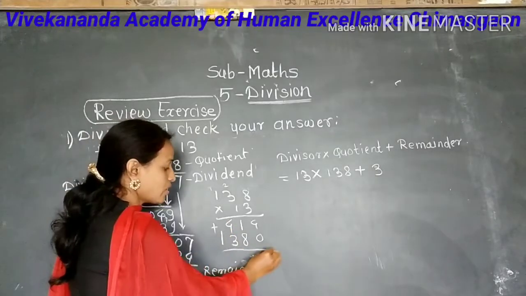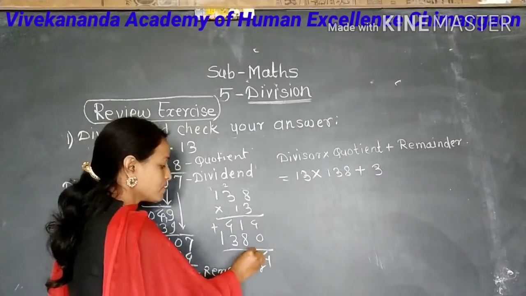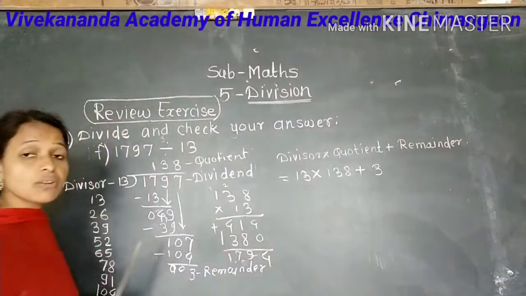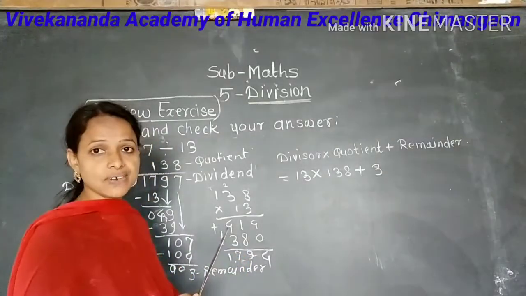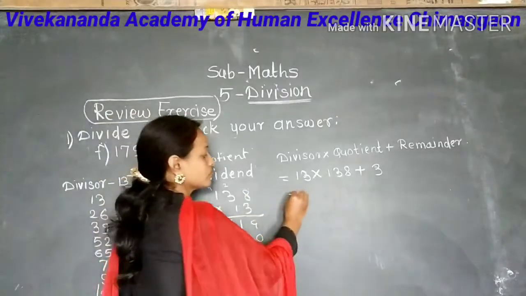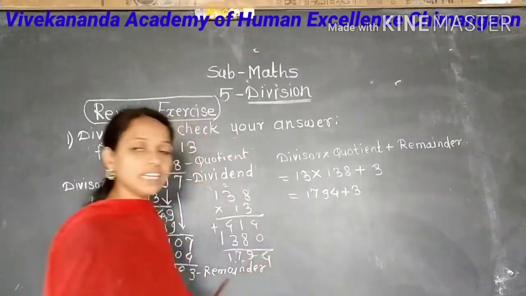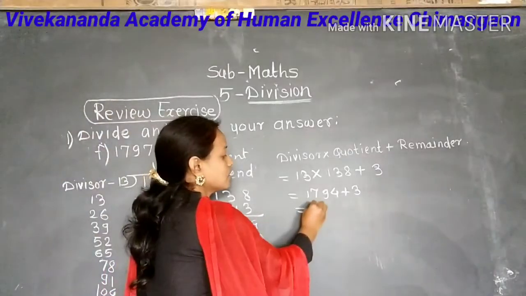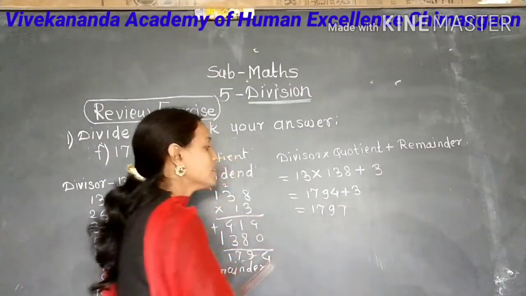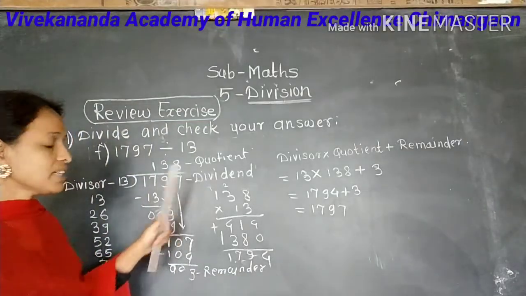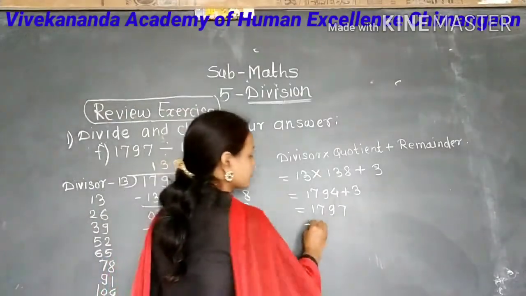Now we add. 4 plus 0, 4. 8 plus 0, 8... In this way, here we get the product 1794. Plus we add 3, we get the answer 1797. And 1797 is the dividend.